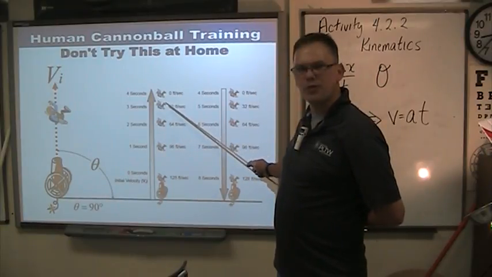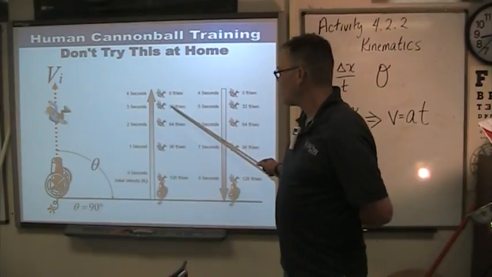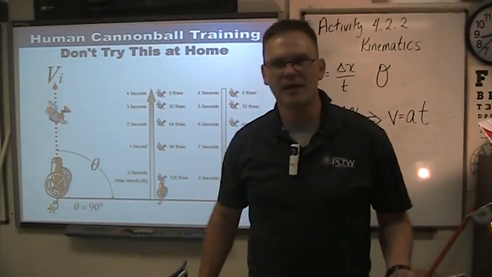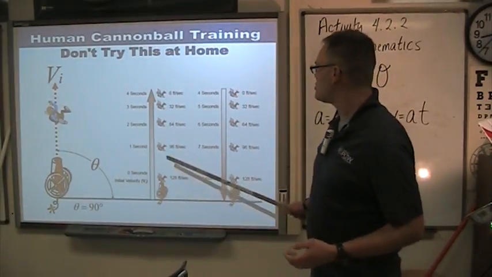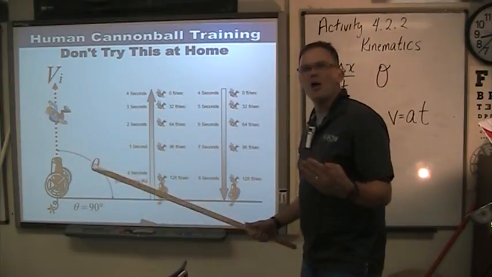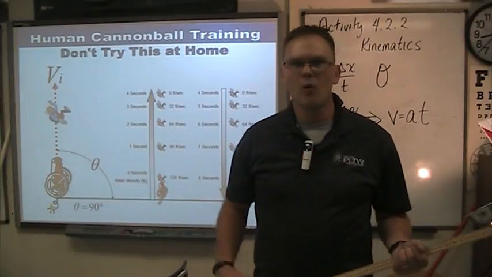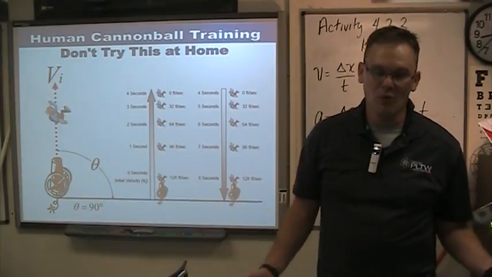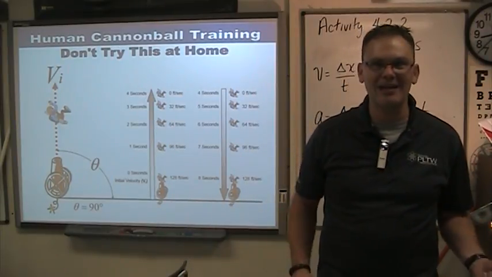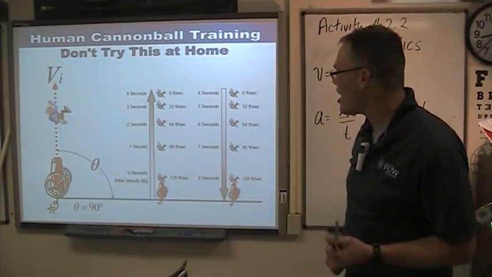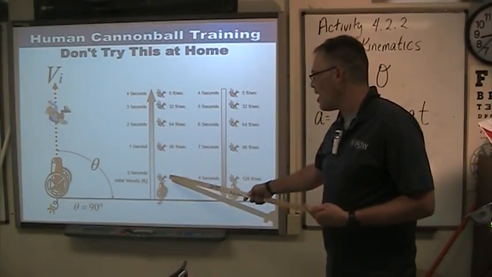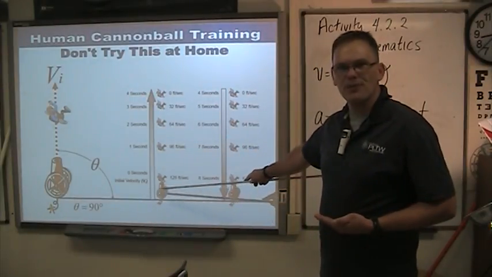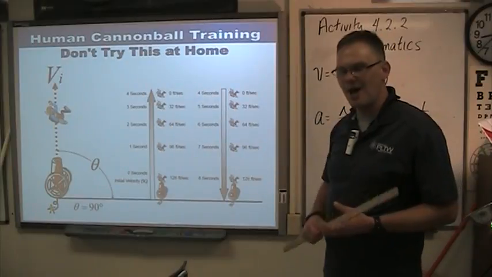Another second, so 3 seconds has passed. It's now at 32 feet per second. Next, 4 seconds pass, and the object comes to a rest. We also know that what goes up must come back down. So it took 4 seconds for a human cannonball to reach the top.